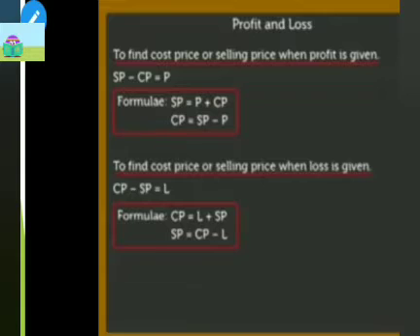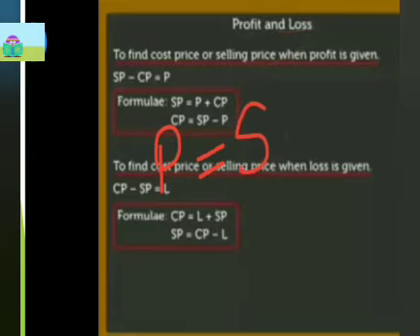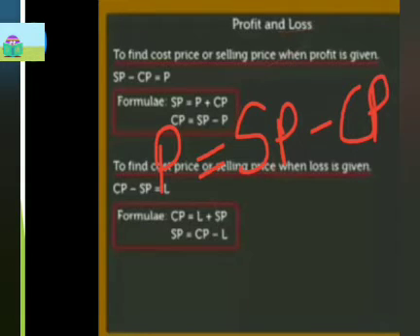Now to calculate profit and loss, to find cost price or selling price when profit is given, if you know that profit is equal to selling price minus CP, among these there are three unknown quantities. If you know any two quantities, suppose you know the profit and the selling price, then you can very easily calculate the CP.